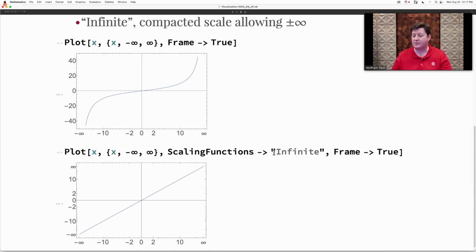It's an interesting question of, if you have an infinite domain, do you want an infinite range as well? There are cases where you do, and cases where you don't. Since we haven't figured out a good way of determining when you want which case, at the moment you have to manually specify if you want that range to be an infinite scale as well. So these are two of the more recent built-in scaling functions. They're still pretty much real number to real number type scales. Nothing too exotic there.